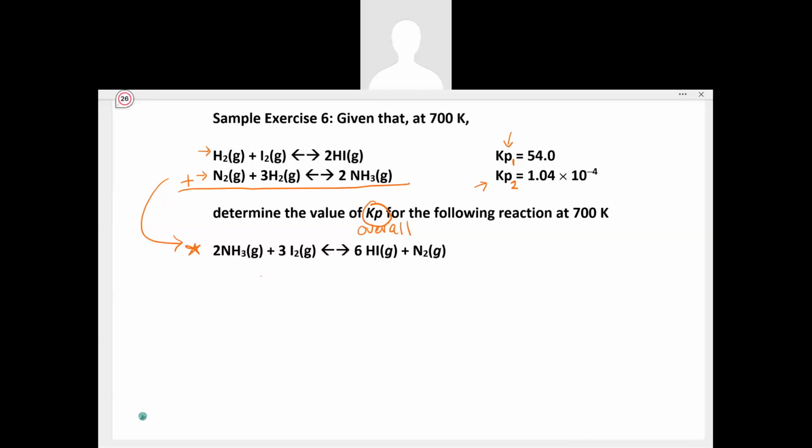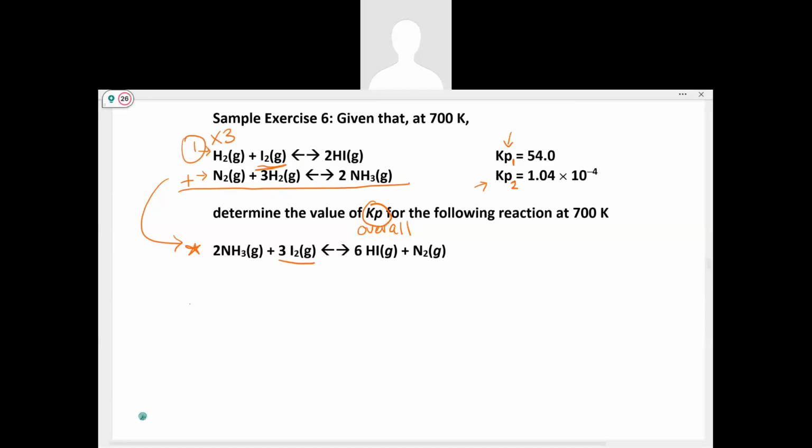Let's compare our step number 1 to our overall reaction. I see that H2 is nowhere in my reactants or products, so that will presumably get canceled out somewhere along the line. But I do see I2 gas, and there's 3 times as much, so I'm going to multiply this equation by 3.